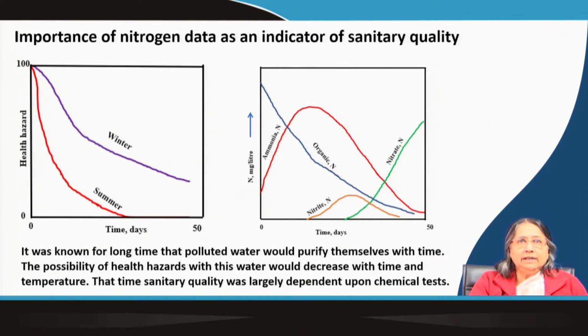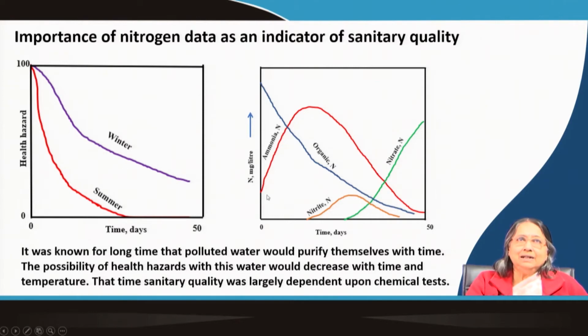Now, if you can measure how much of these different types of nitrogen is present in the water, say for example, pollution starts here, and then you can see with time how the nature of combined form of nitrogen is changing. If you measure the organic nitrogen, then you will see that with time, this is the time, organic nitrogen concentration is decreasing. This is the nitrogen in milligram per liter. So, organic nitrogen is decreasing with time.